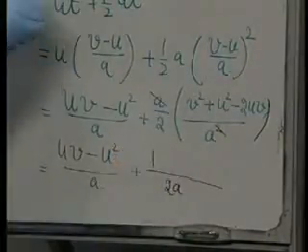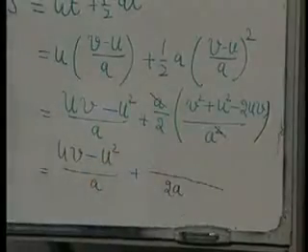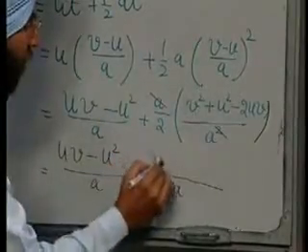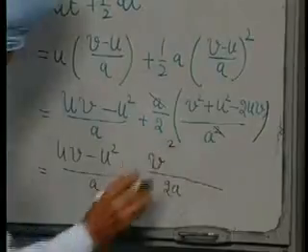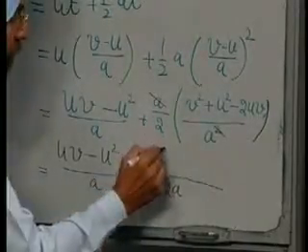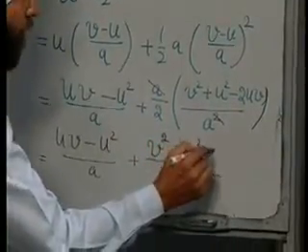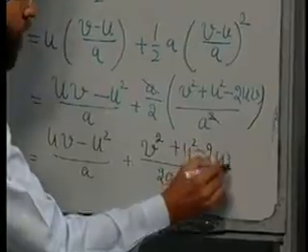We can write this as v square plus u square minus 2 u v.